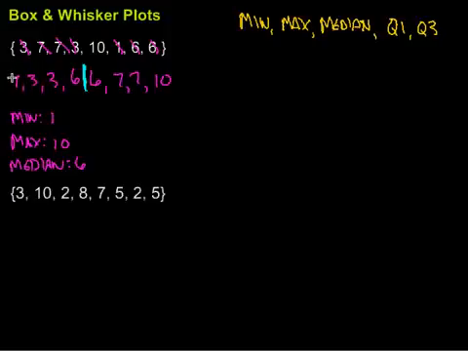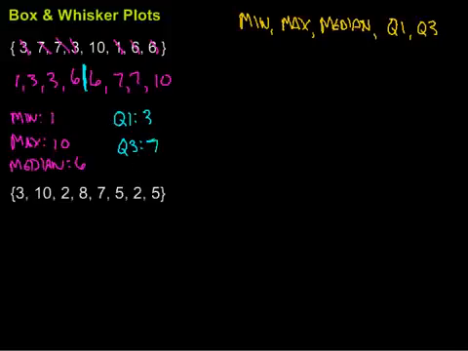There's 4 values, so there's 2 smaller, 2 larger, and just between here, that would also be 3. So my first quartile is going to be 3. Then I do the same thing on the upper half of my data, and find the middle of that. That's going to be my third quartile. 7 and 7, the middle of that is just 7.